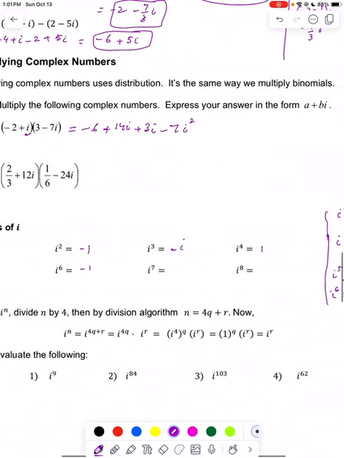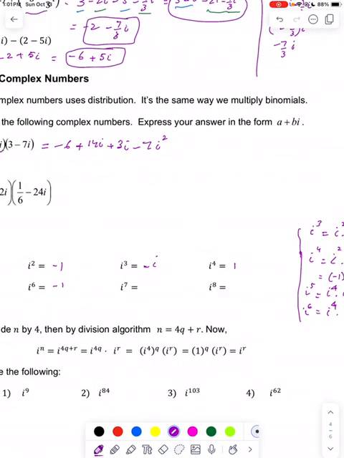So you see there are 2 terms which have i in them, so I can combine them. The first one is negative 6, it just stays as it is. When I combine the middle two, it gives me 17i. And then minus 7i squared, but i squared, we know, is negative 1.